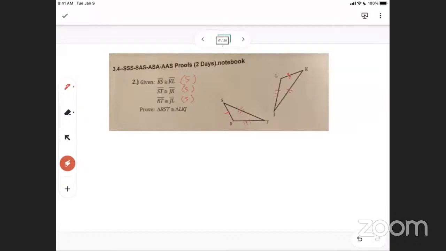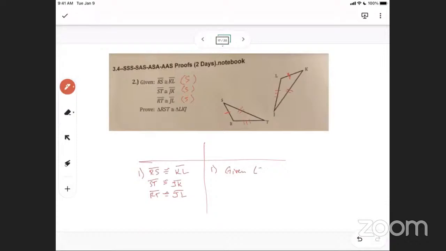Okay. So all I really have to do is write it out. So 1, RS is congruent to KL, and I'm just going to write them all as 1. ST is congruent to JK, and RT is congruent to JL. And these are all given. And then you can write side, side, side if you want.